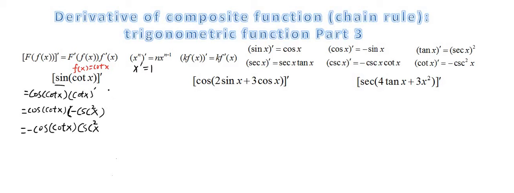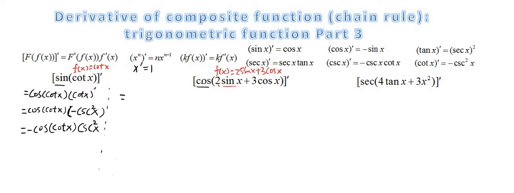Now let's take a look at the second example. For the second example, we can tell the capital F is cosine. What is f(x)? f(x) equals 2 sine x plus 3 cosine x. Now we're going to follow the formula again.